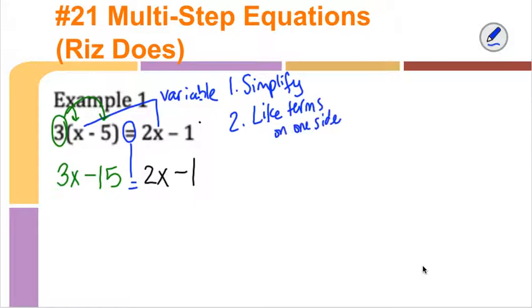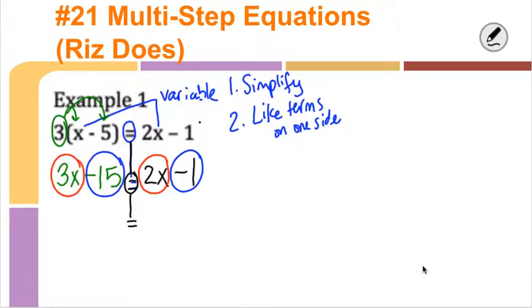So it doesn't matter which side they're on, but you want all of your variables, so all of your x terms on one side. So I want this 2x and this 3x to be on the same side. And I actually also want this negative 15 and this negative 1 to be on the same side. Okay, so here's what's going to happen.